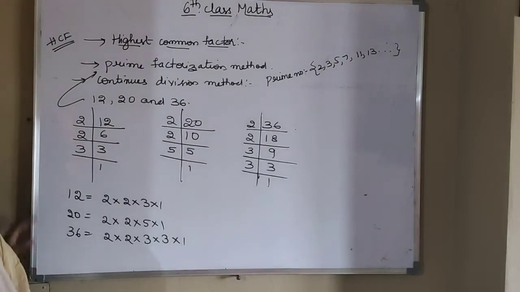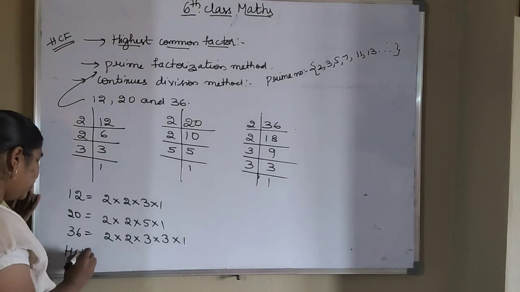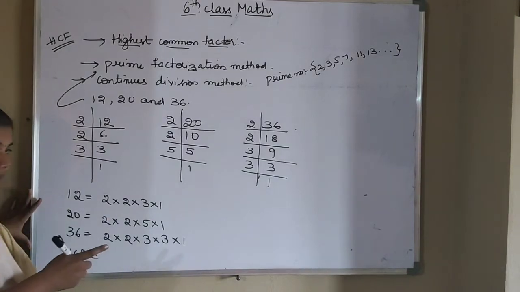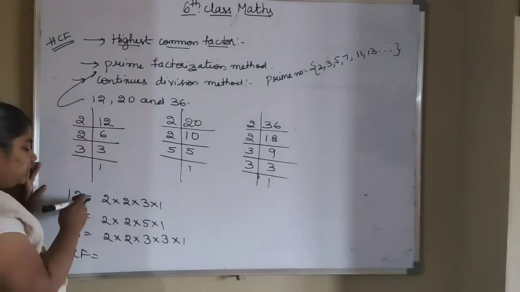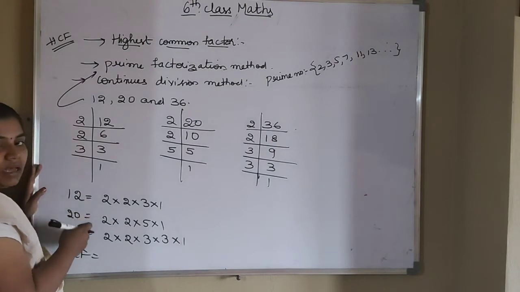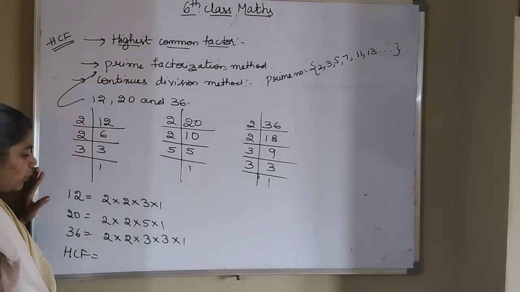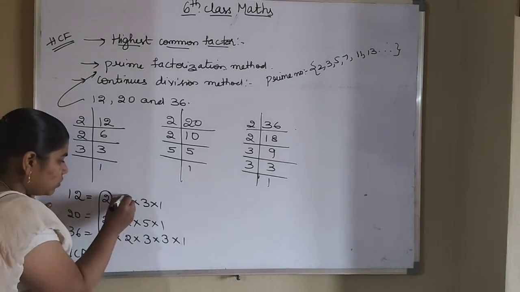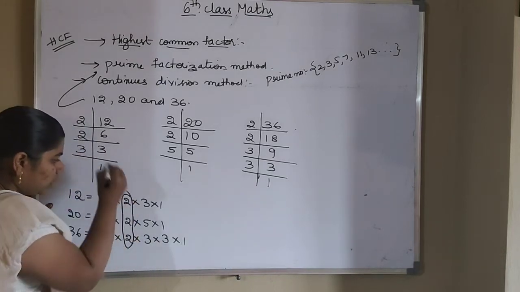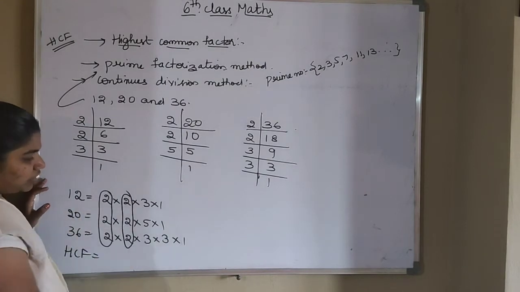Now how to find the HCF value? We have to take the common numbers which are present in all three numbers. What is the common? In these you are seeing 2, in this also you are seeing 2. Here 3 is there, but in this one 3 is not there.